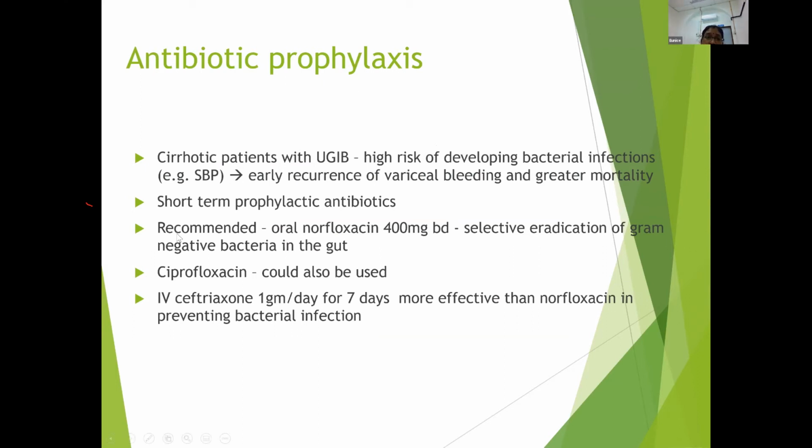So no harm, initiate the short-term antibiotic prophylaxis. Okay, the recommended antibiotic is oral norfloxacin 400 mg BD, which gives selective eradication of the gram-negative bacteria in the gut, or we can start ciprofloxacin, and the most effective antibiotic is ceftriaxone 1 gram a day for 7 days.